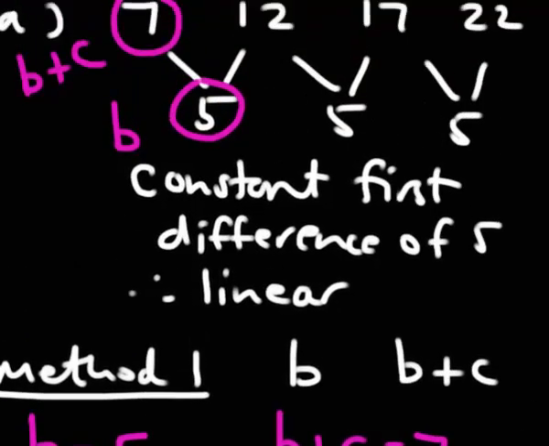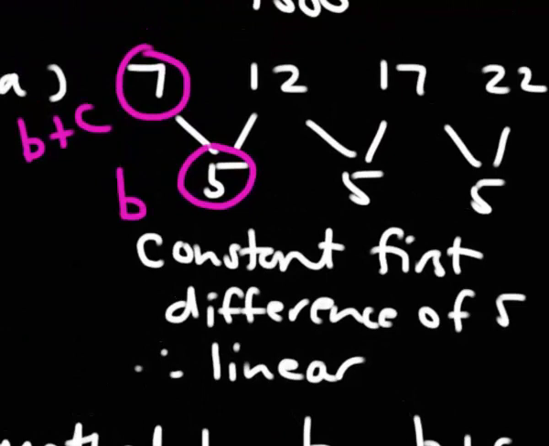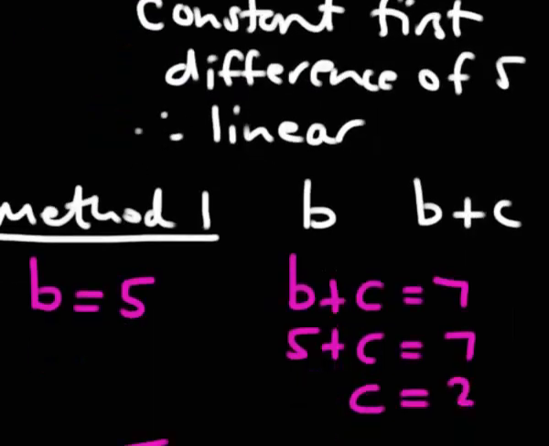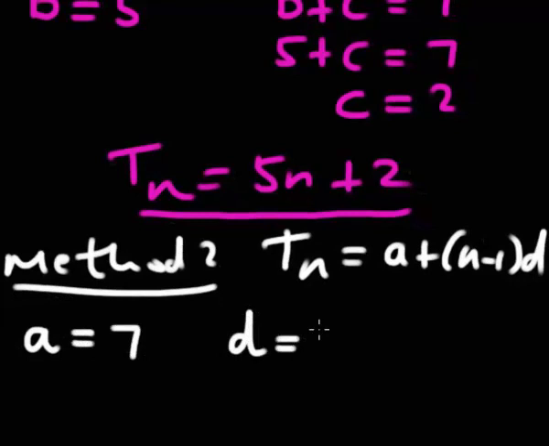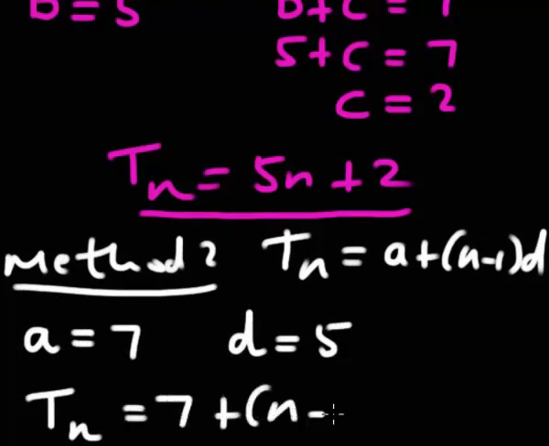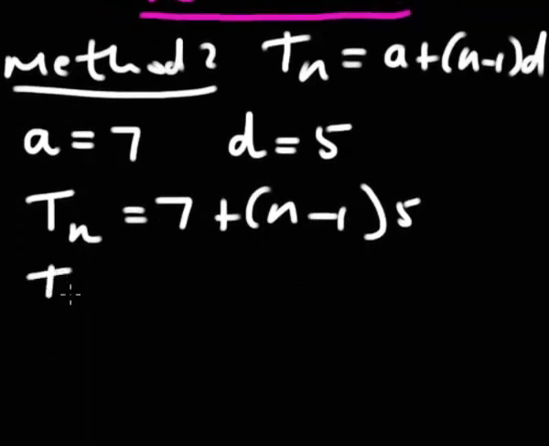Now, another way around it would have been to say that the constant difference is 5 and the first term is a. So in this method, we've got a is equal to 7 and the constant difference is 5. So Tn is a plus n minus 1d. This, of course, is method 2, which you're going to use in matric in sequences and series.